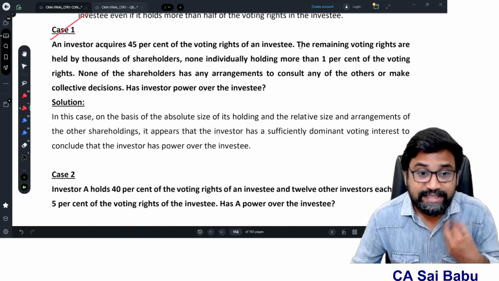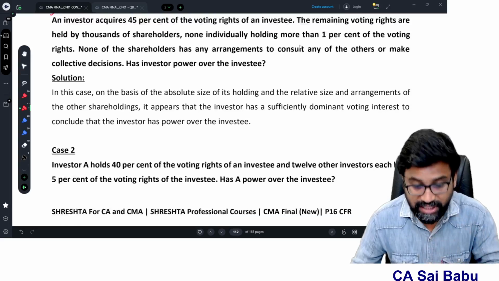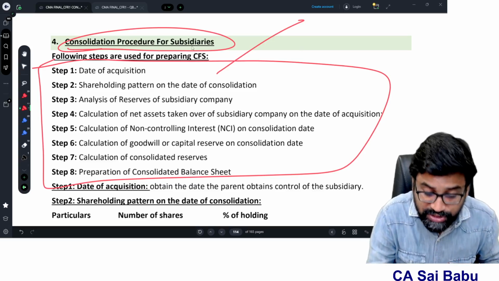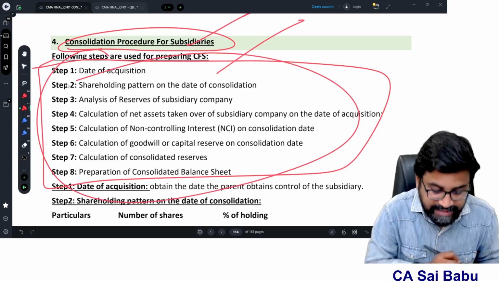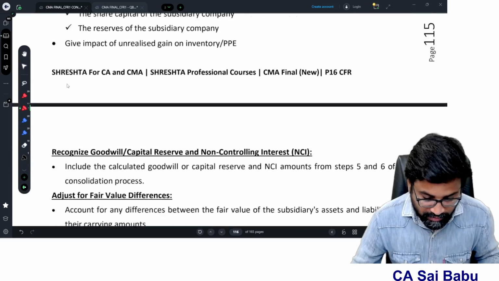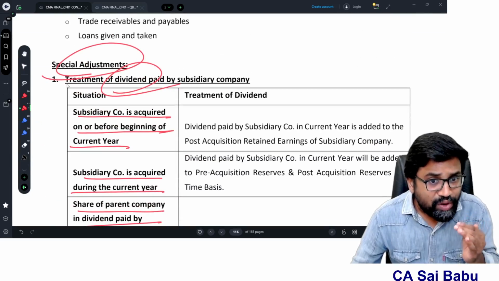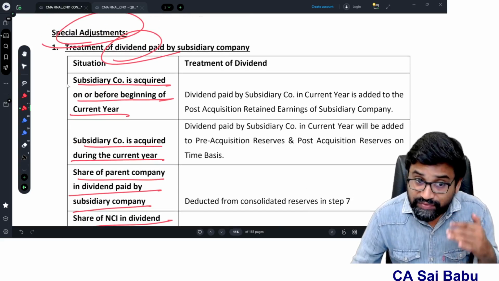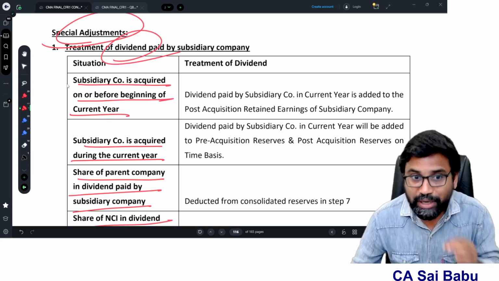We have adopted examples and illustrations from the CMA study material. And what is the consolidation procedure of subsidiaries? 8 steps. Now each and every step is properly explained. So this stepwise treatment and explaining each and every step will greatly help you in solving the practical problems.